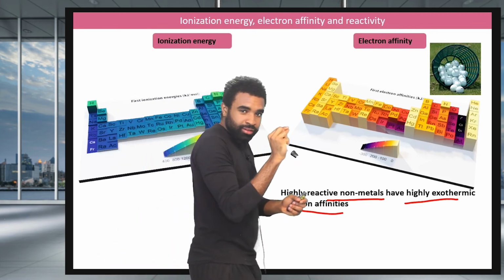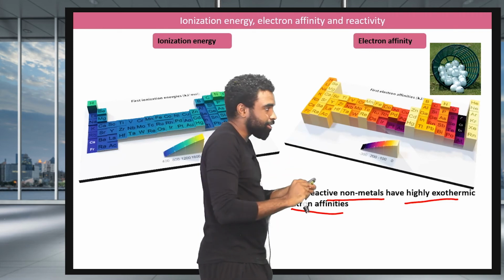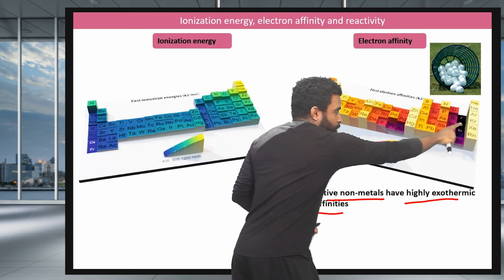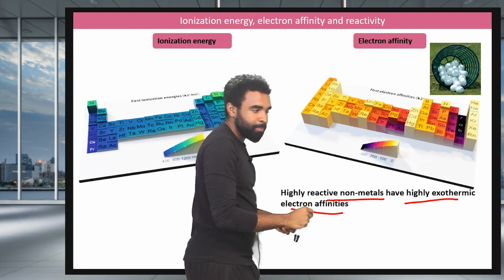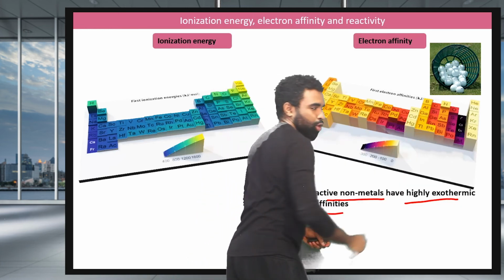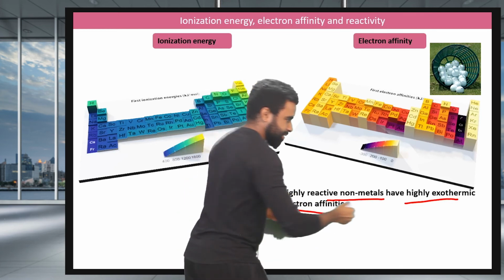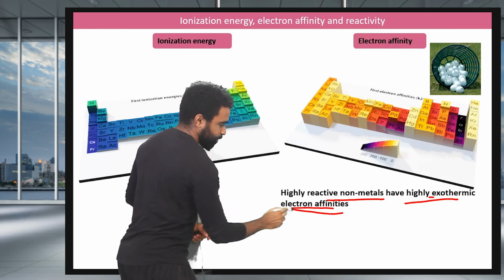The places where the most energy is released, you can think of as the loudest sound being made, would be the deepest holes. So the balls will make a loud sound when they fall into something like fluorine or chlorine, which suggests a highly exothermic electron affinity.